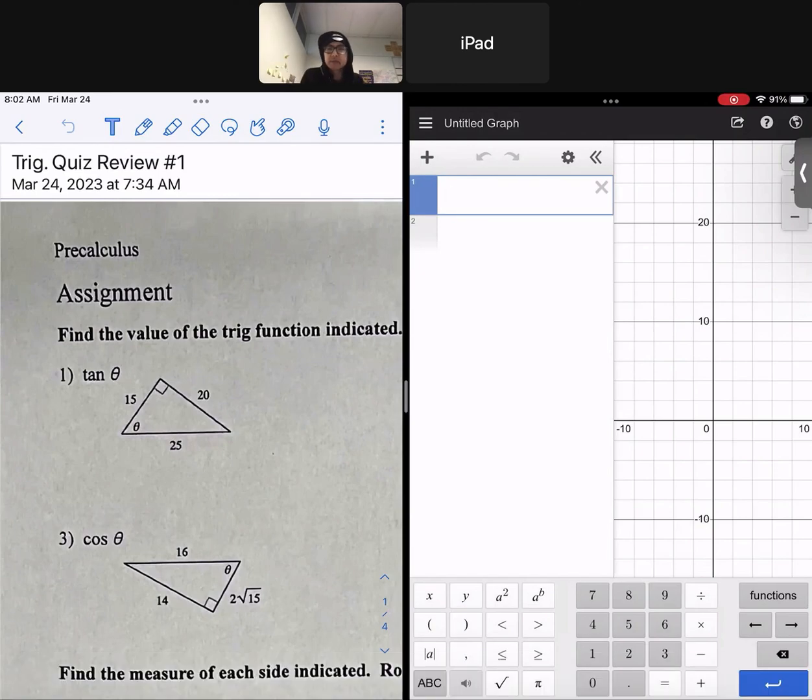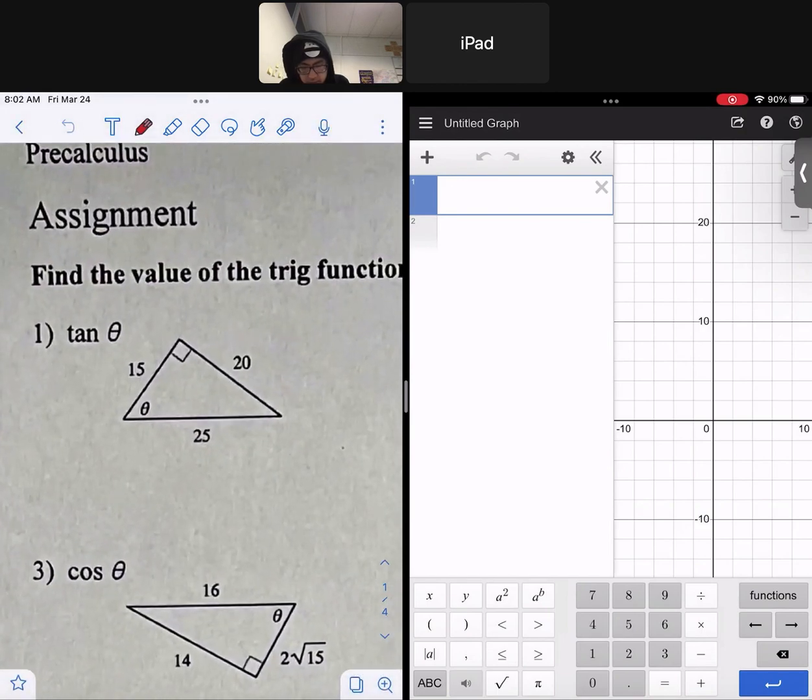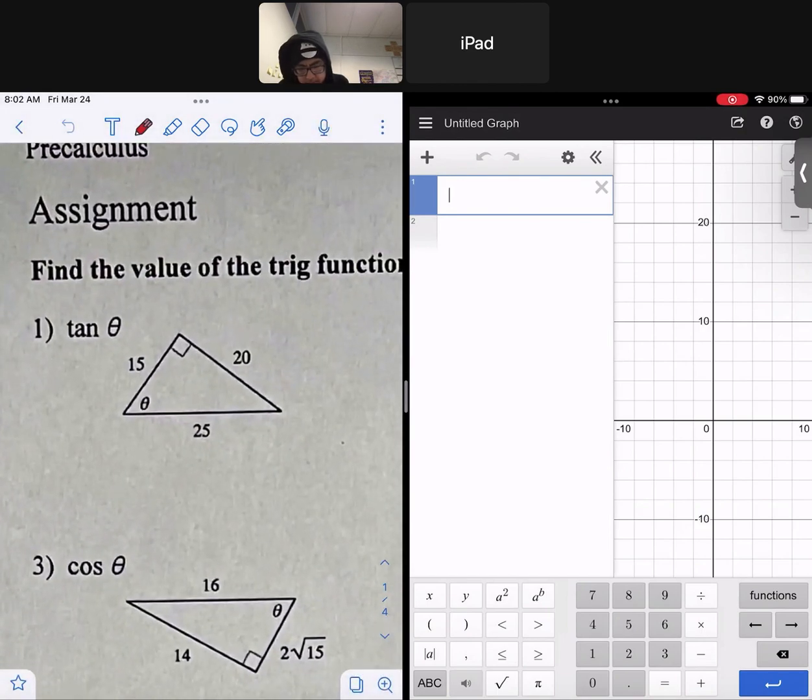Number one. For numbers 1 through 4, you are just trying to find the trig ratio that's given to us. We have tangent right here. We're in the perspective of this angle, so this side is opposite, adjacent, and hypotenuse.